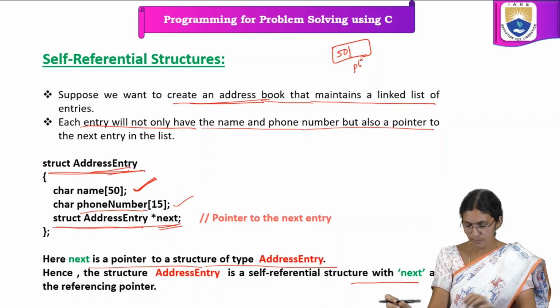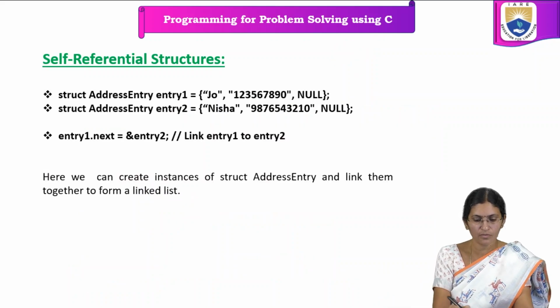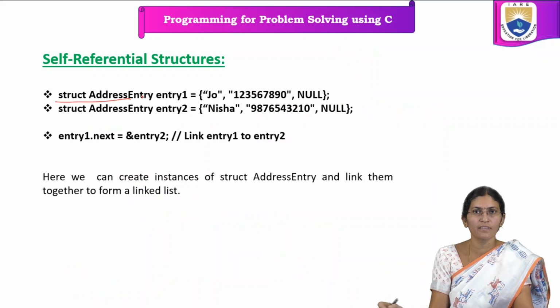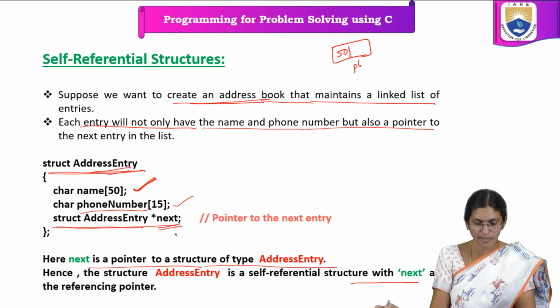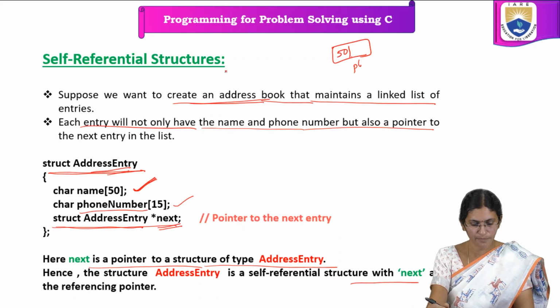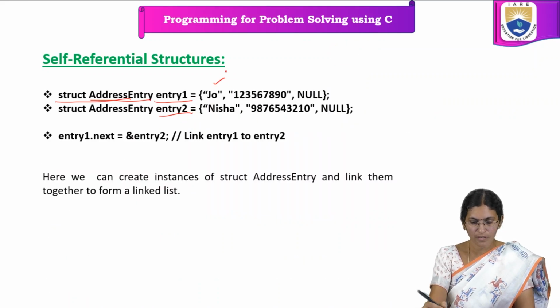So let us see with the help of one program. For this structure address entry, we are creating two variables, entry 1 and entry 2. Entry 1 has three fields: first the name, next the phone number, and the last one is a pointer variable.